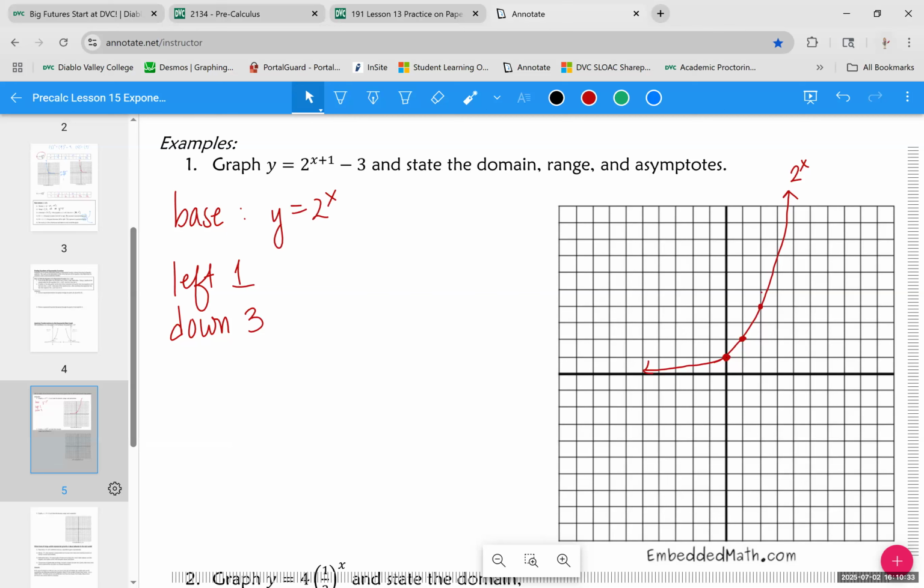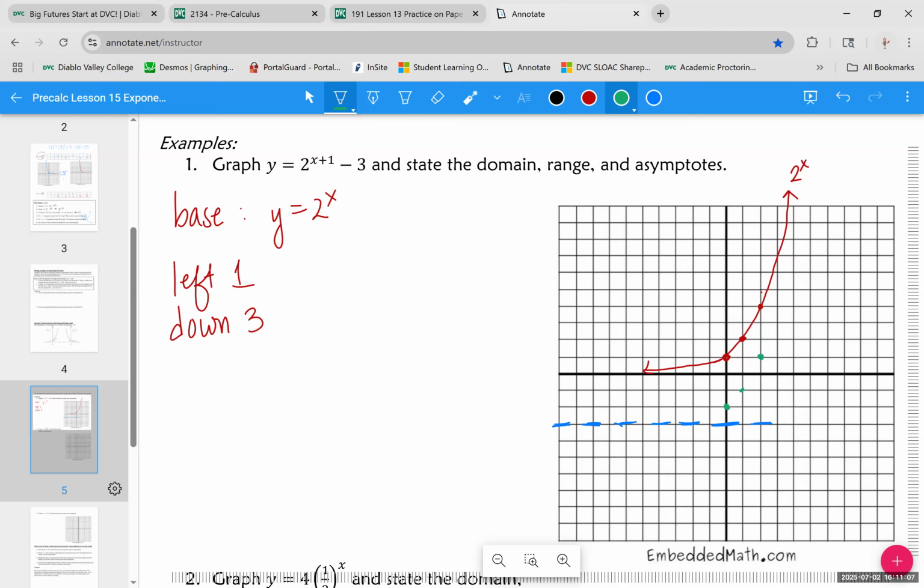Well, down means I'm going to shift that horizontal asymptote 1, 2, 3 down. So I'm going to draw in this dashed line, at least on the left side, to indicate that that's where my new asymptote will be. And then left 1 means I'm going to take those 3 points, 1, 2, 3 that I already put in, and I'm going to move them. They would have gone down, 1, 2, 3.